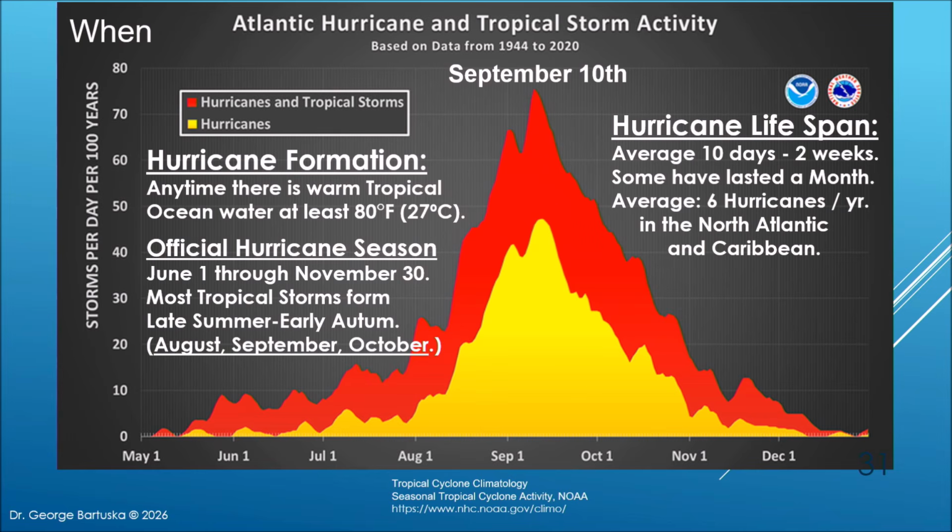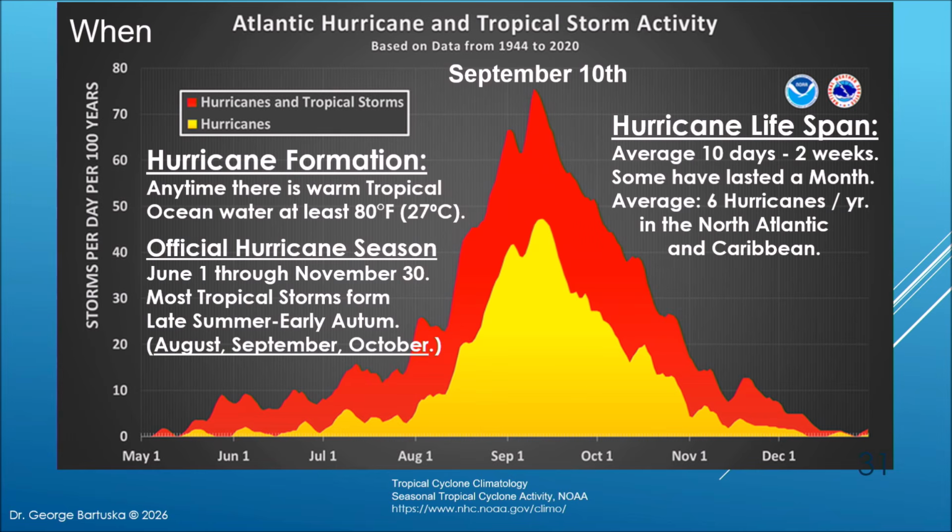Now, we're going to talk a little quickly about tracks in just a minute. September 10th is statistically the most likely day to have a hurricane, based on data from 1944 to 2020. That does not mean there'll necessarily be a hurricane on the 10th. It just means that's the peak of the hurricane season. Now, hurricane formation. Anytime there's warm tropical ocean water of at least 80 degrees Fahrenheit or 27 degrees centigrade down approximately 300 feet, you've got a mass of hot energy for that hurricane to suck up.